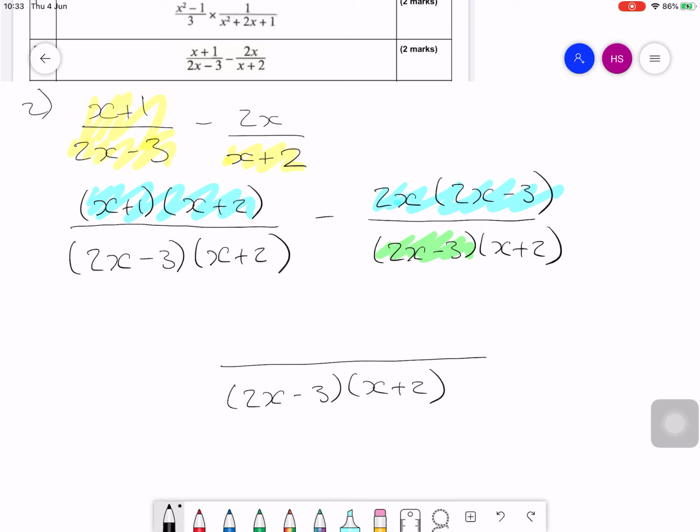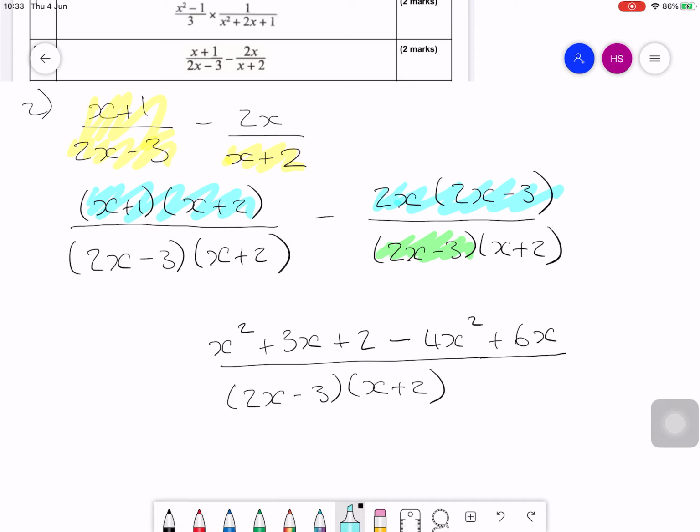So as I'm doing that, I'm also going to multiply those brackets out. So the numerator of the first fraction, x times x, and then I've got plus x plus 2x, and then 1 times 2. And then I just want to be really careful with this minus. So the second numerator, when I expand those brackets out, is going to be minus 4x squared, and then it's actually going to be minus 6x.